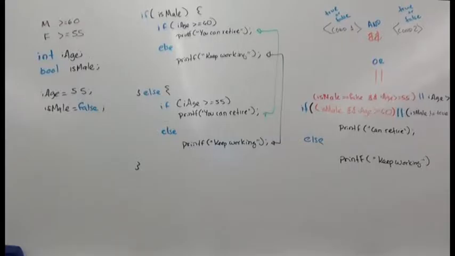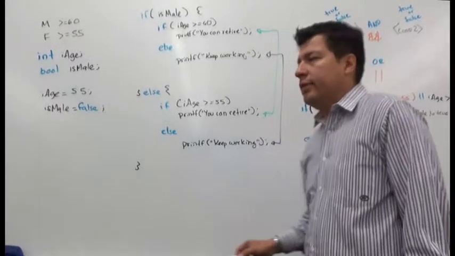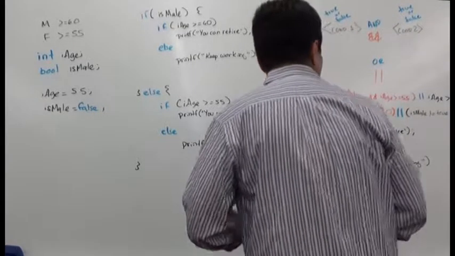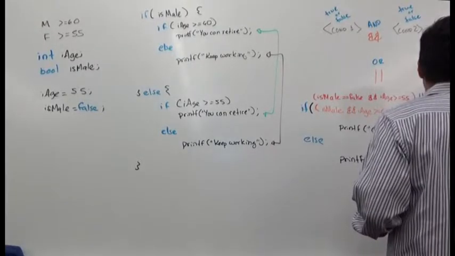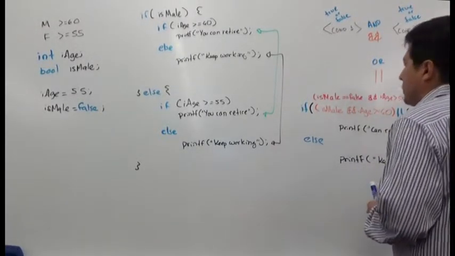So it's a big calculation. And there's a function somewhere, type Boolean, somebody wrote to do all the rest of the calculations. So let's say we're using that function and we call it can retire. It's a function that returns a true or false.